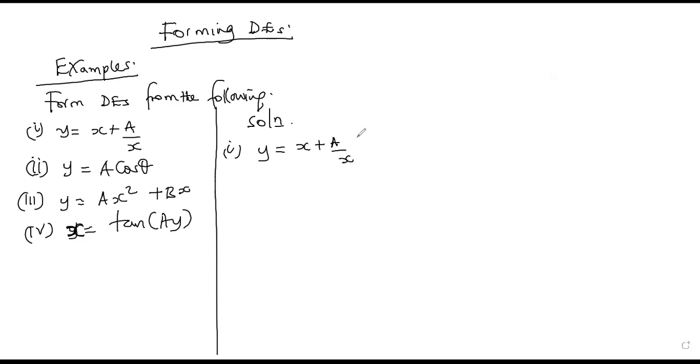If you multiply by x, we shall have yx is equal to x squared plus a. I've multiplied by x on either side. Now it means that a will be equal to yx minus x squared. And I can easily factorize out x. So a is going to be equal to x(y minus x).